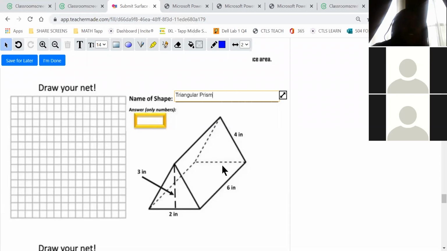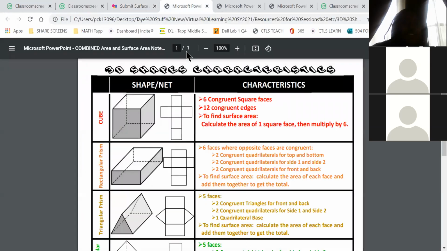So we are going to start with one of our sides, because let me show you on the notes what I mean by that. So for this triangular prism, it has one side that's attached to the base, that's attached to the other side. And then we have these front and back triangles.